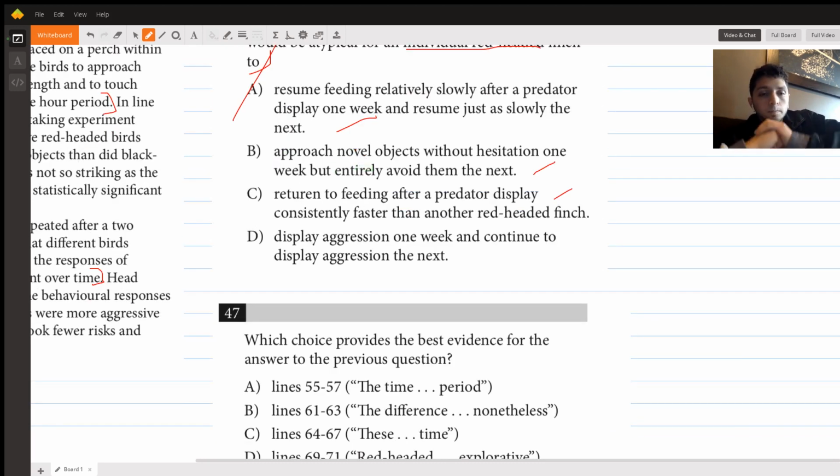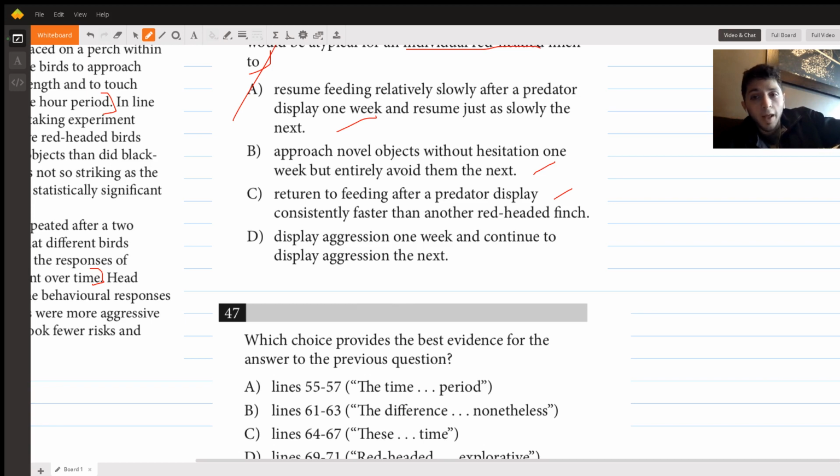So it's not A. B says an individual would approach novel objects without hesitation 1 week, but entirely avoid them the next. First thing we should notice is that this is showing inconsistent behavior, which is making that answer choice a little more appealing. So this might be our answer choice, because it's saying you're approaching one thing this week, another thing next week. We already know the behavior is consistent, so this inconsistency would be atypical.